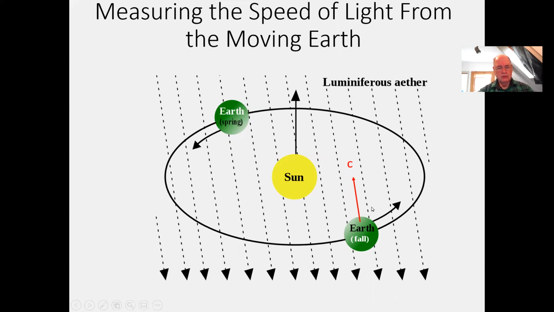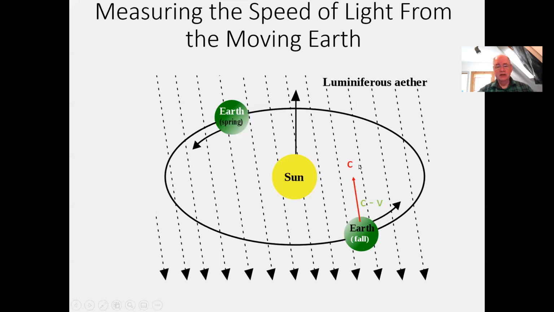However, the earth is following the light beam, trying to catch up to it, so the speed that we would measure would not be c. That's its speed through the ether, through the fixed medium. The speed that we would measure would be c minus v, because we're following the wave up.